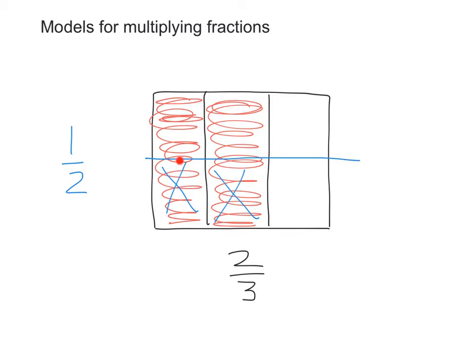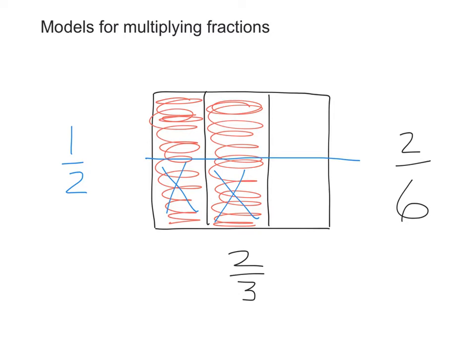So now I've got 2 pieces marked with 2 colors, 2 pieces out of, instead of 3 bars now, or 3 equal pieces, I've got 1, 2, 3, 4, 5, 6 equal pieces, and 2 of them are colored.